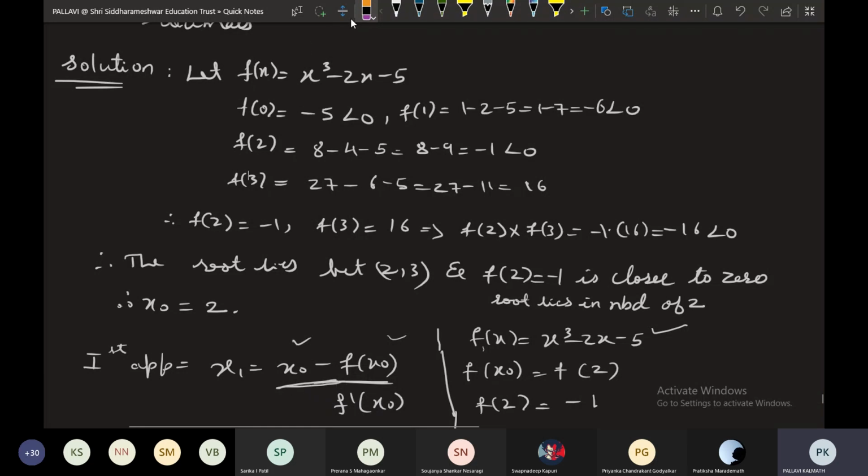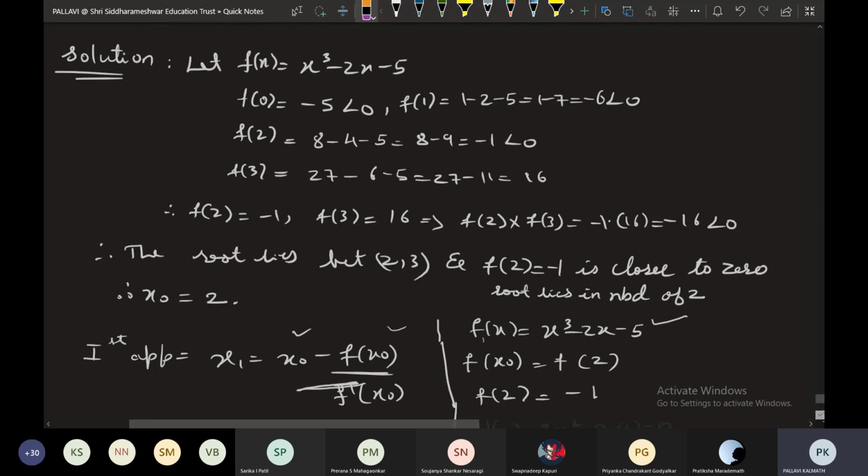Okay, I want to erase this, but it is not erasing. Okay, let it be, but you write correctly.